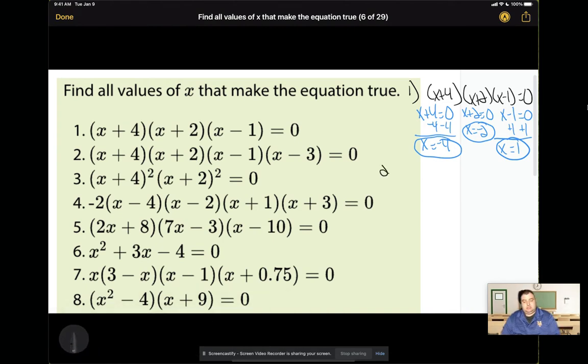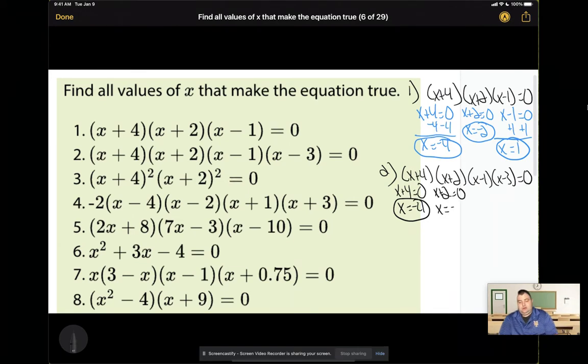Number 2, I got x plus 4, x plus 2, x minus 1, x minus 3 equals 0. Now I have 4 factors, therefore I'm going to have 4 x-intercepts. If I take x plus 4 and set that equal to 0, I know from before I'm going to get x equals negative 4. If I take x plus 2 and set that equal to 0, I'm going to get x equals negative 2.